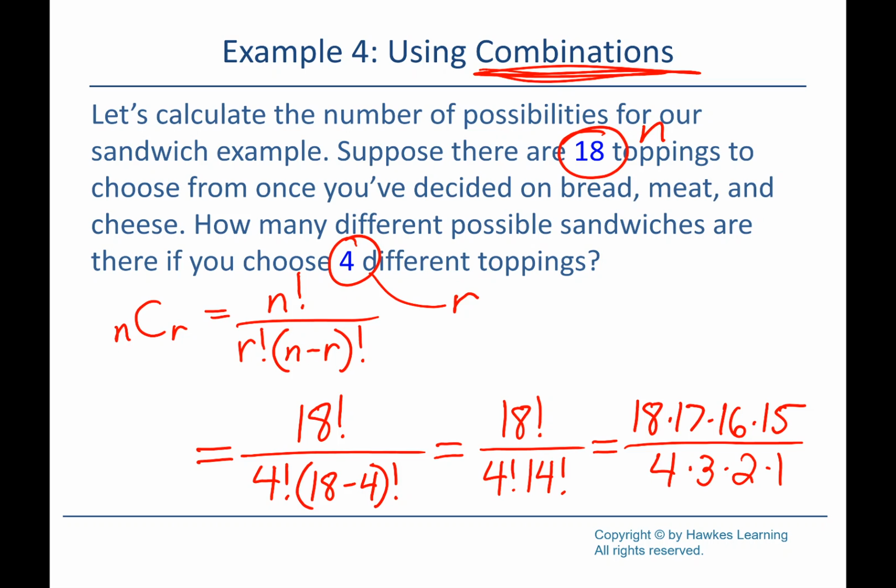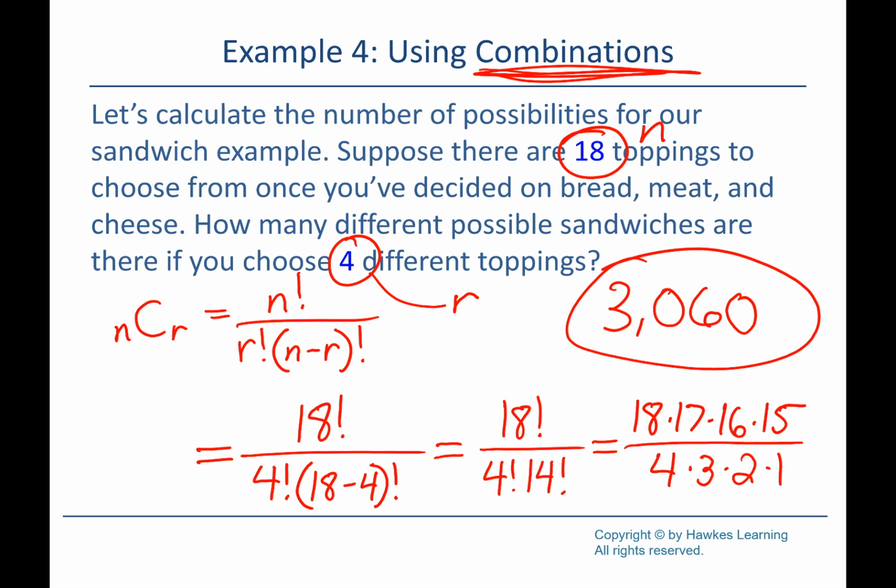So let's see. 18 times 17 times 16 times 15 divided by 4 times 3 times 2 times 1. So here I get 3,060 different sandwiches. So how many ways can we choose 4 toppings out of 18 possibilities? A lot more than you would think, 3,060 different ways.